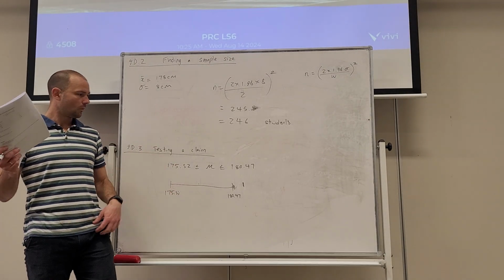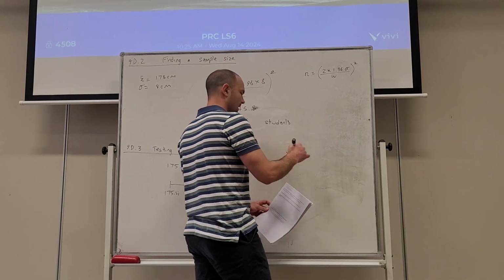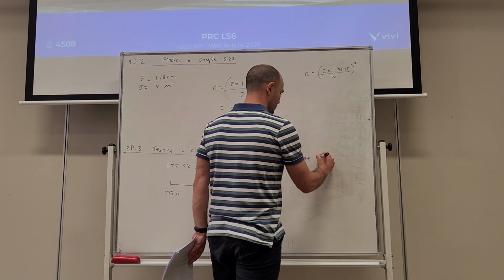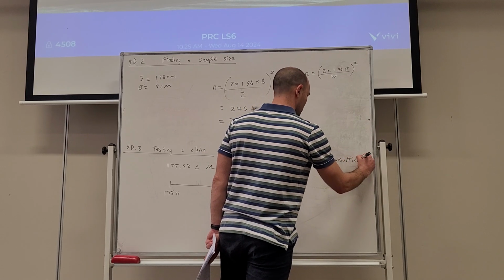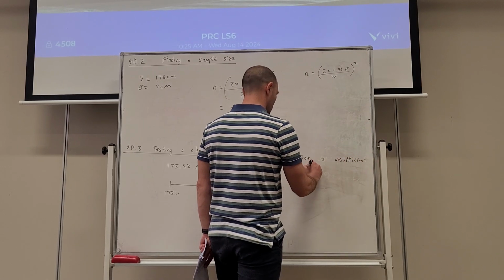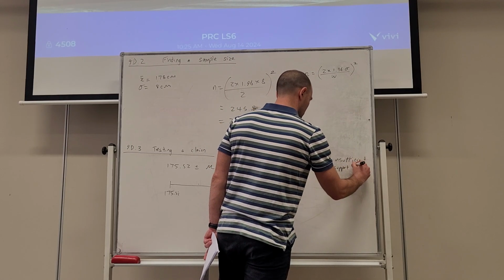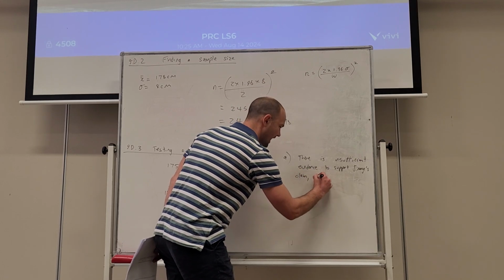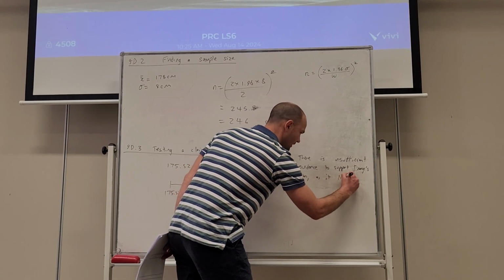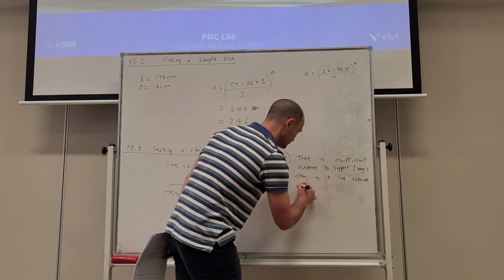The way we should describe that, we'll call Jimmy part A. We'd say there is insufficient evidence to support Jimmy's claim as it lies outside the confidence interval.